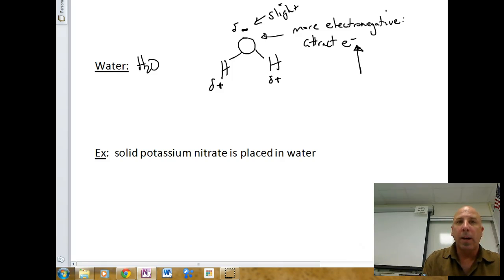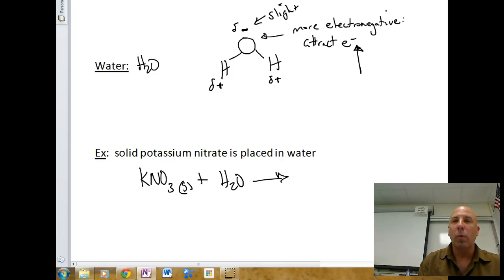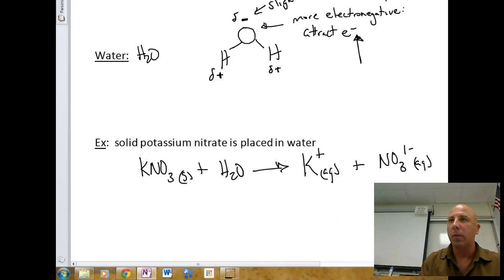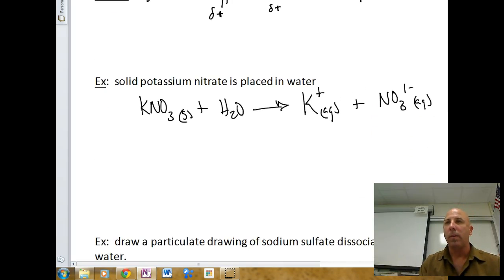Potassium nitrate has a formula of KNO3, solid, and we're placing it in water. And what's going to happen is the potassium ions are going to dissociate, and they are 1+, and the nitrate ions are going to also dissociate, and they are 1-. Remember those polyatomics. You've memorized them. Do not forget about them. Okay, so that's NO3 right there.